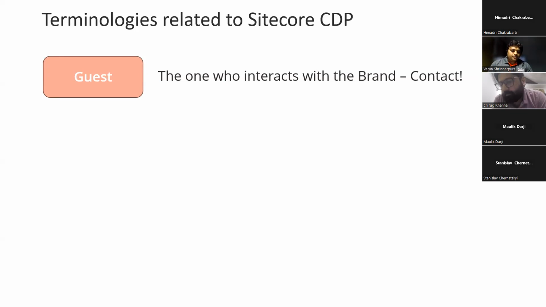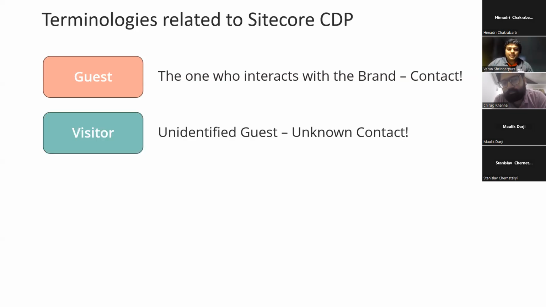And from our olden days, the X-Connect days, I'll call contact is what is guest. Next, visitor. So previously we used to call it an unknown contact, right? So it is basically an unidentified guest who has not given any personal information by which we can identify that particular user uniquely.